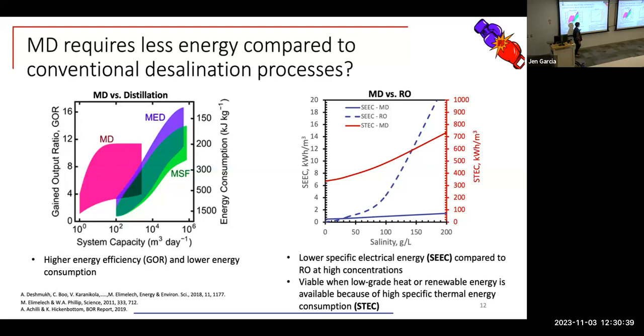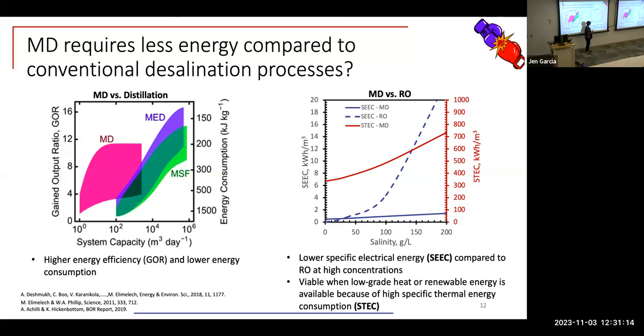And if we're comparing our energy requirements for our membrane distillation system to, say, conventional reverse osmosis, which again is that workhorse we were talking about for seawater desalination, what I want to point out is that not all energy is created equal, right? So we have specific electrical energy and specific thermal energy and salinity. And electrical energy is much higher energy quality than thermal energy.